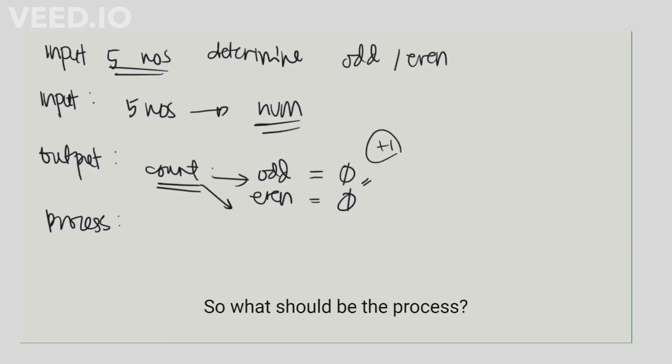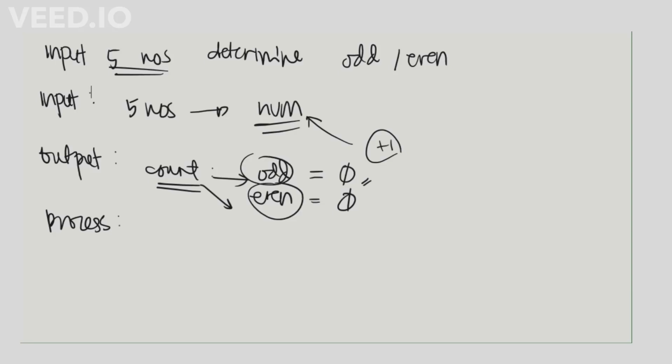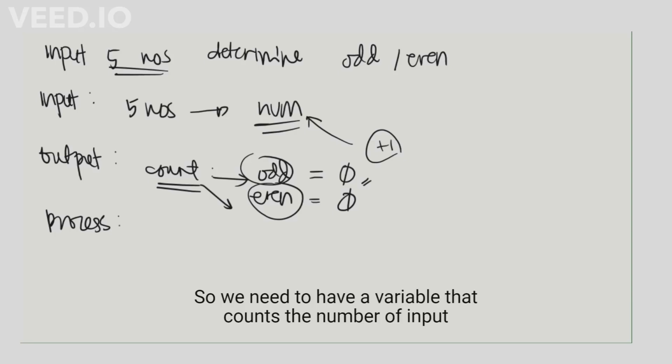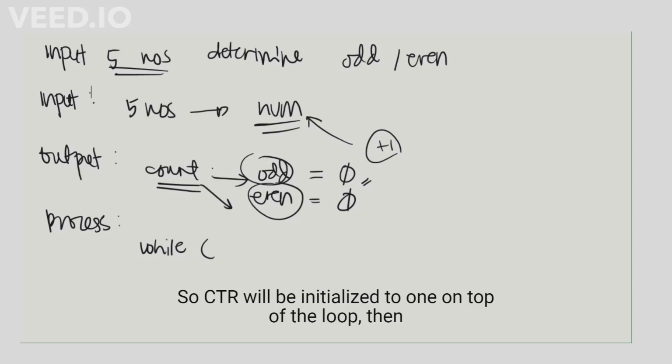So what should be the process? First, we need a looping statement to input the value, let's say, while. We need a variable that counts the number of input numbers, and let's call it CTR. CTR will be initialized to 1 on top of the loop.